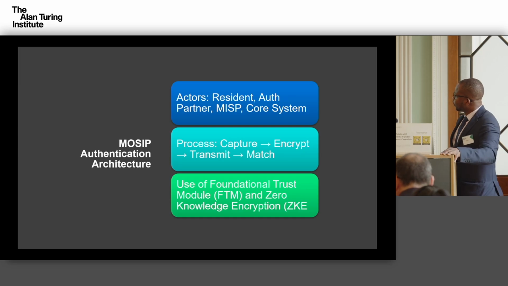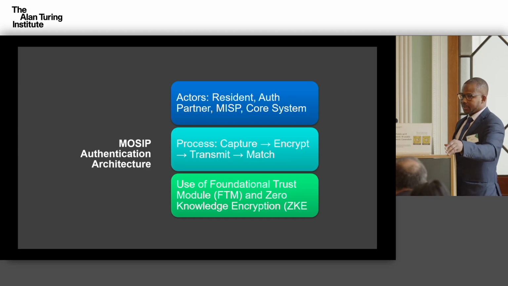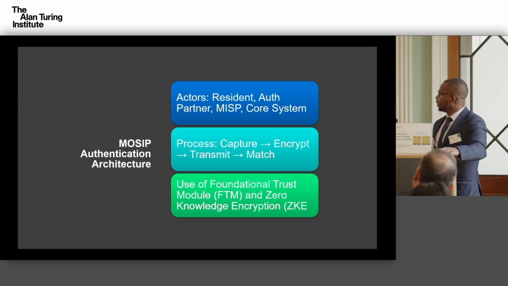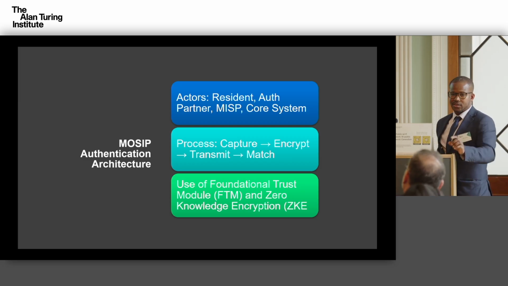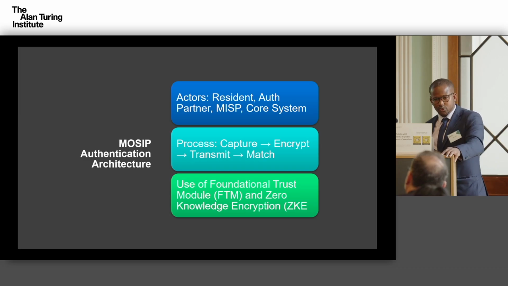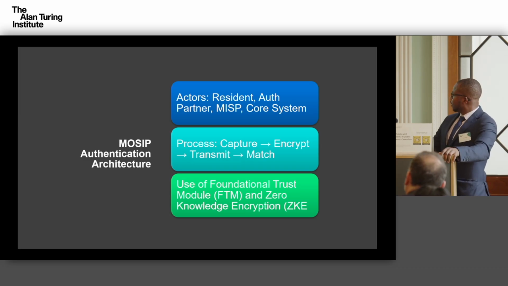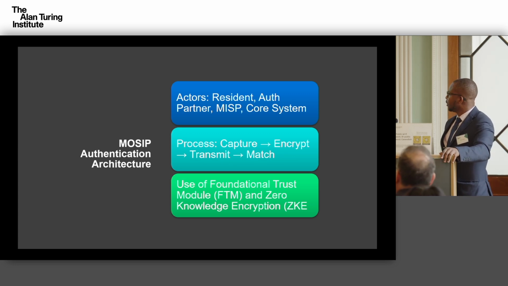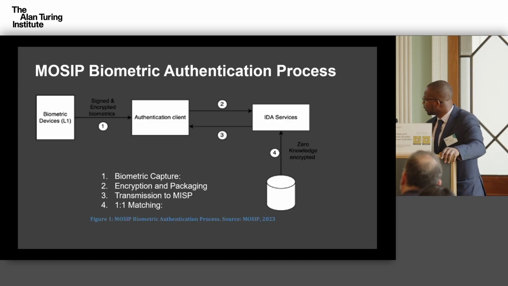The process includes how they capture the data, how it is encrypted, how it is transmitted, and how deduplication is done using the match. The foundational trust model and the zero knowledge encryption tool will be shown in the next slide.